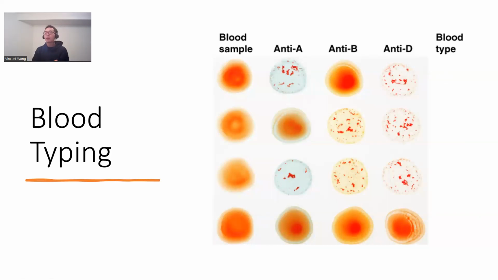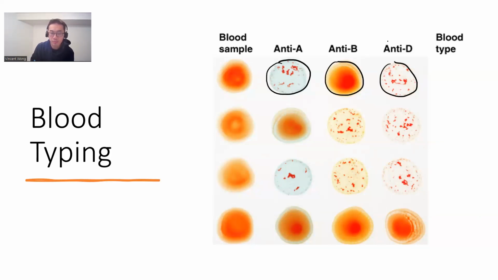So this is called blood typing. We would actually do this in the classroom if we were in an in-person setting, but now you just have to see it virtually. This is a blood sample, and we want to figure out what kind of blood type it is. We have three petri dishes.